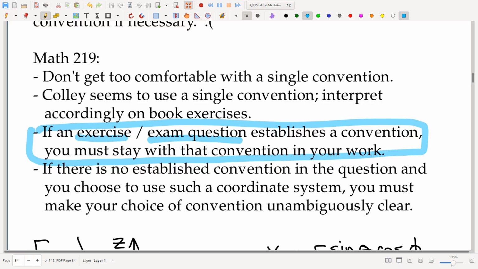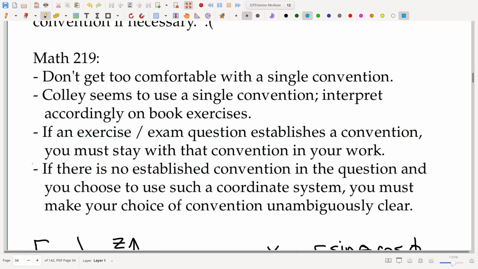It's unacceptable, completely confusing. We need to know unambiguously what you meant, and you can't just go around redefining things, right? So that's a non-starter. You do have to stick with the convention of whatever exercise you're working or whatever exam question you're answering. So be careful about that, right? You've got to pay attention. You've got to think it through.